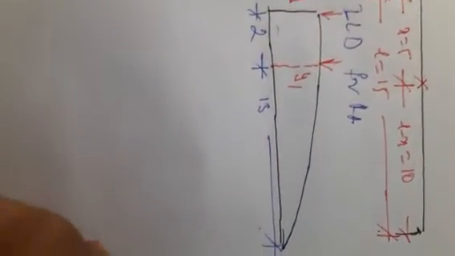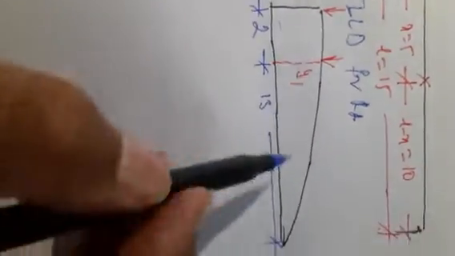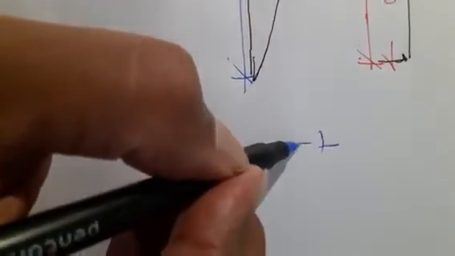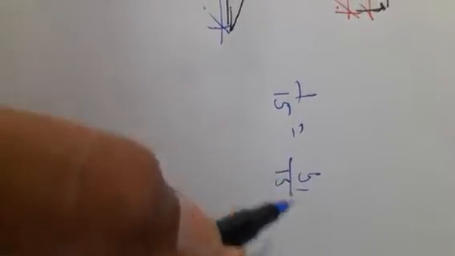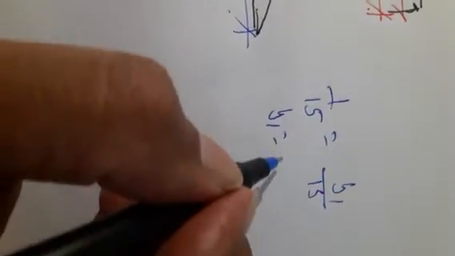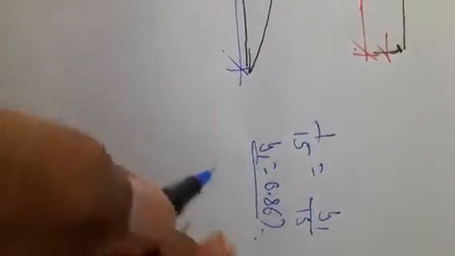Now consider two triangles, 1, 2, 3. This is a bigger triangle and this smaller triangle. So for bigger triangle I can write 1 divided by 15 is equal to y1 divided by 13, or y1 is equal to 0.867. This is the ordinate value.